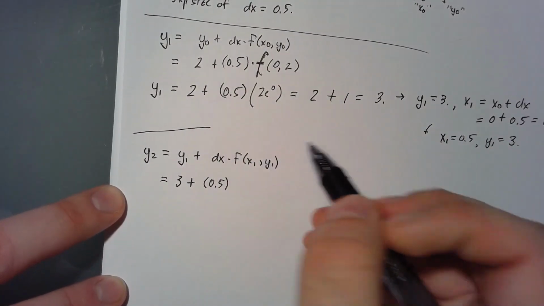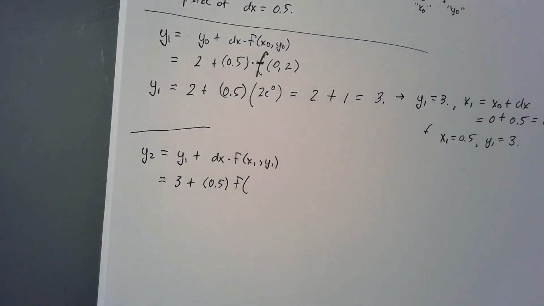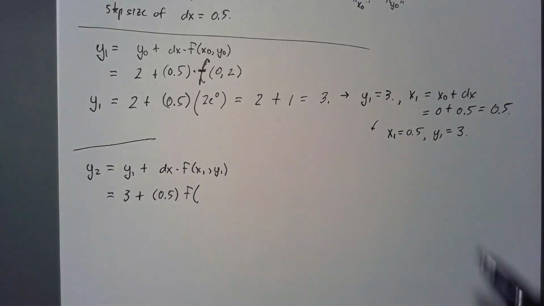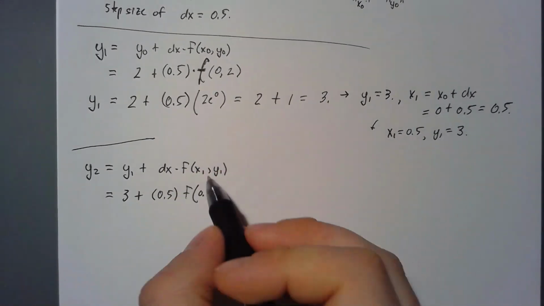Well, it never changes in Euler's method. And then this is going to be the function evaluated at one point. This will be the function evaluated at 0.5, comma, 3.